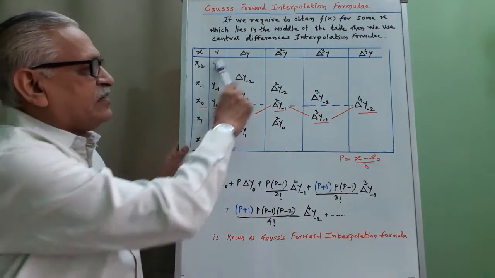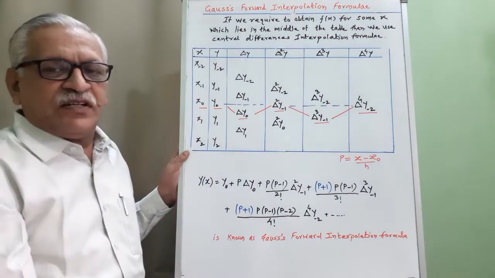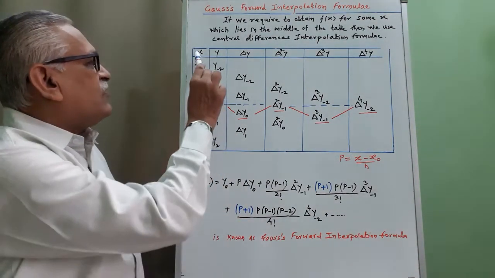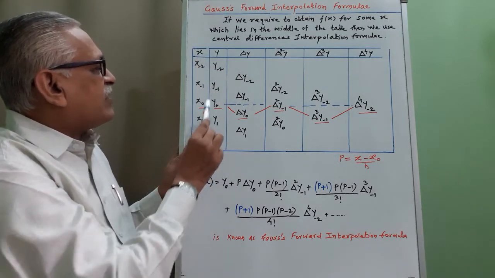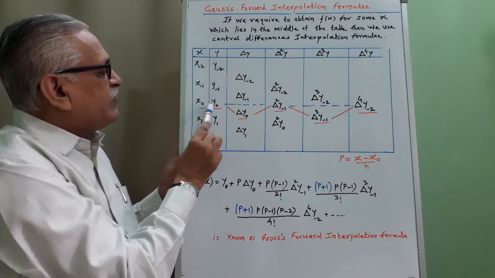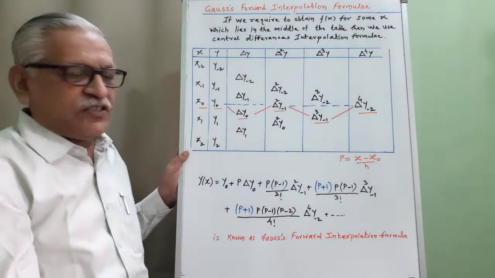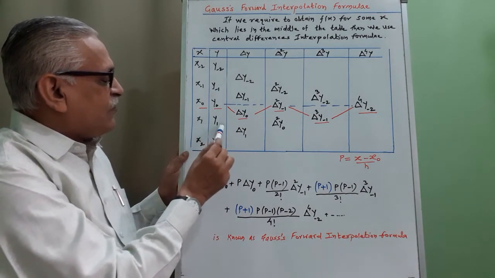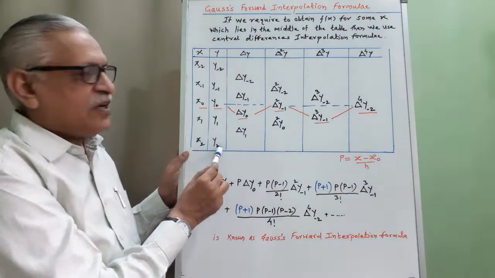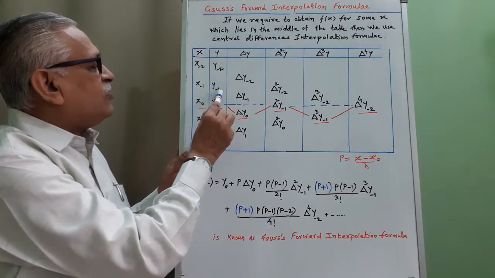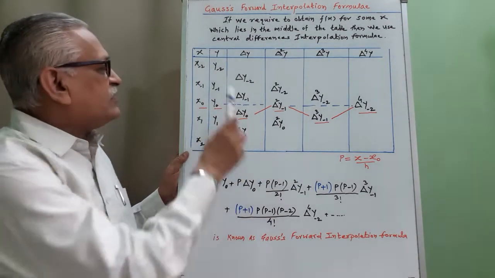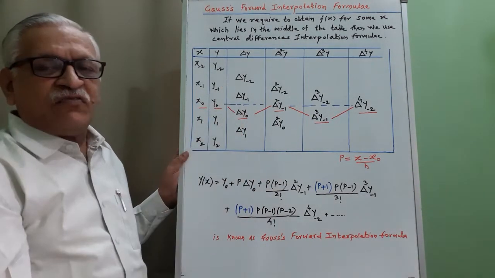For that we make a forward difference table as I had discussed in my earlier video. Values of x are: the middle value we call x0, y0. Below it we have x1, y1, x2, y2, and above that value we have x minus 1, corresponding y minus 1, x minus 2 and y minus 2.